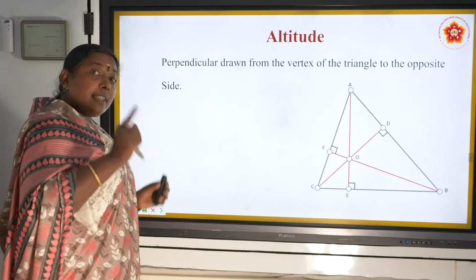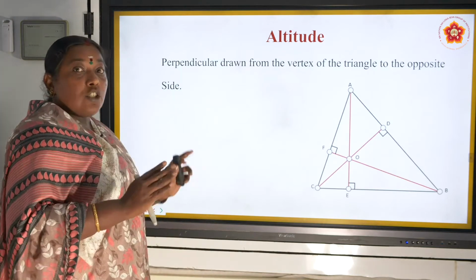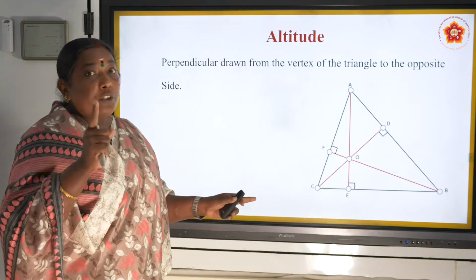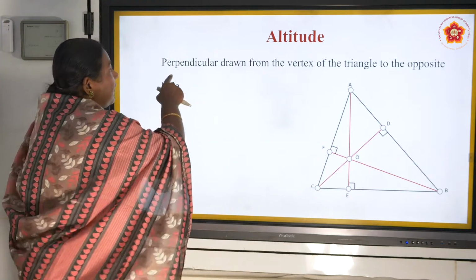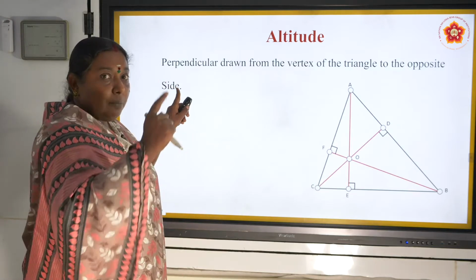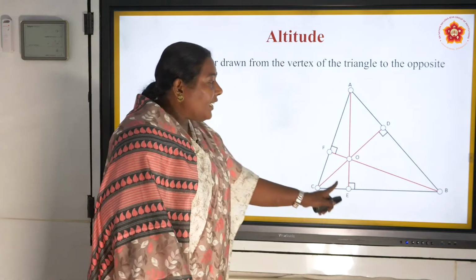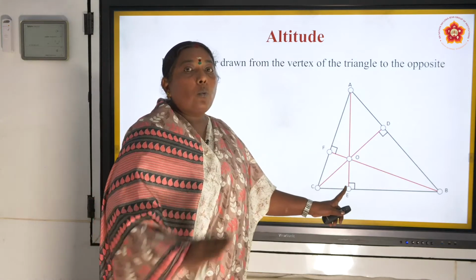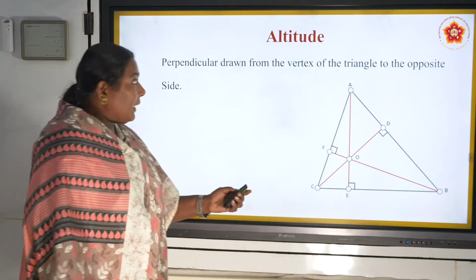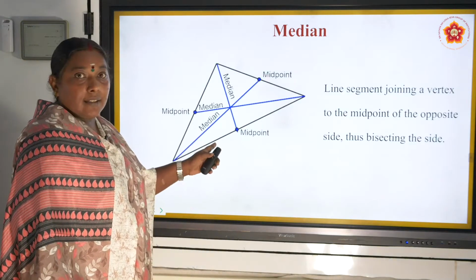Here also we are doing the same thing, a line drawn from the vertex to the opposite side. But here we are using one more word, perpendicular. Perpendicular means that wherever it meets the opposite side, it will meet at 90 degrees only. But median won't do that.